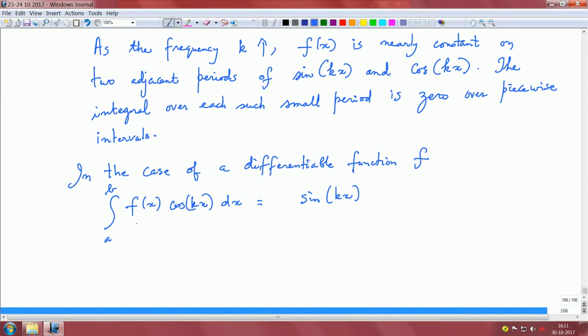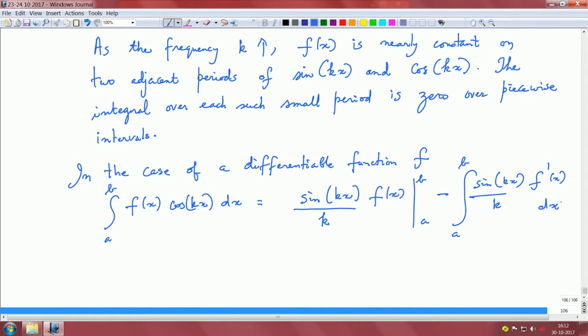Since I need to take the derivative of the first function, I am introducing that it is a differentiable function. This also gives you a hint of how mathematicians work, playing around with these quantities. I am integrating the second function from a to b, minus the integral from a to b of this form.